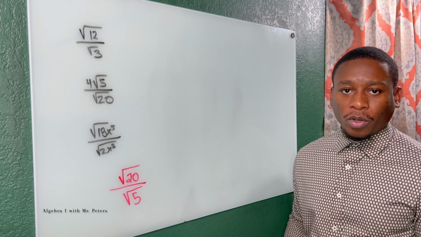Now, once you look at this, family, these 2's both cancel. And following the properties of exponents, x to the 5th over x to the 3rd turns into x squared. Now, all we're left with is radical 9x squared, which simplifies to just 3x.